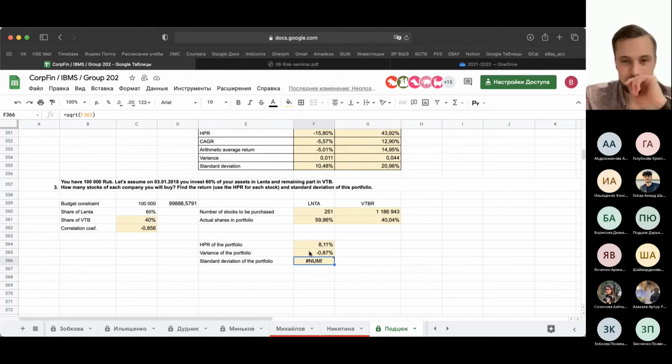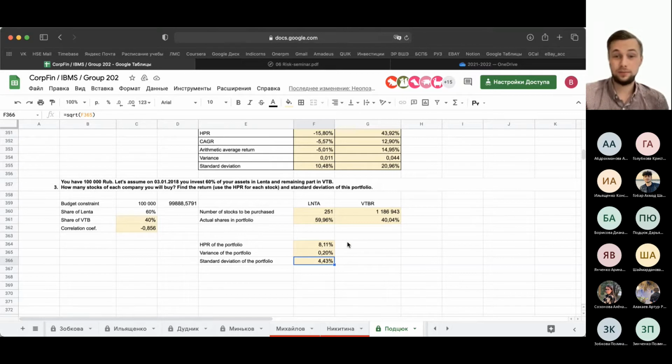Oops, something happened. Yeah, that's similar to the correct answer. So the variance of this portfolio will be 0.20.